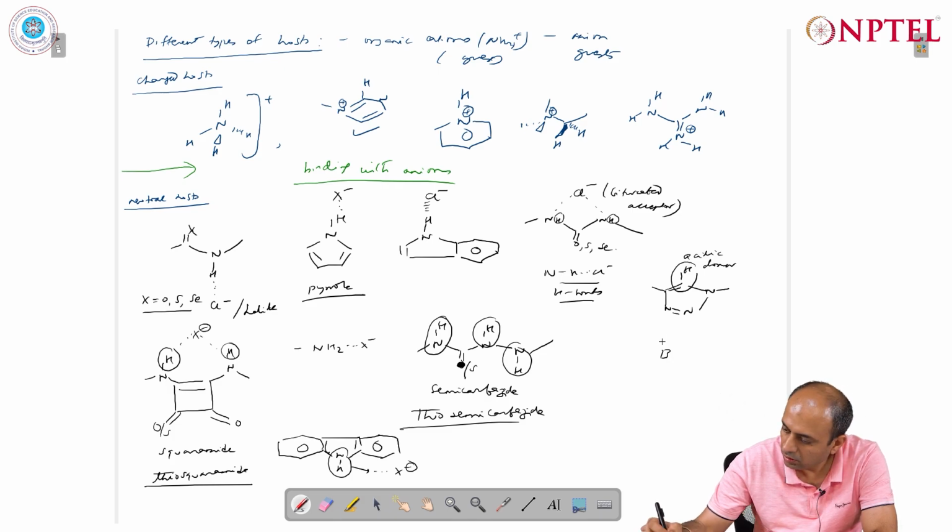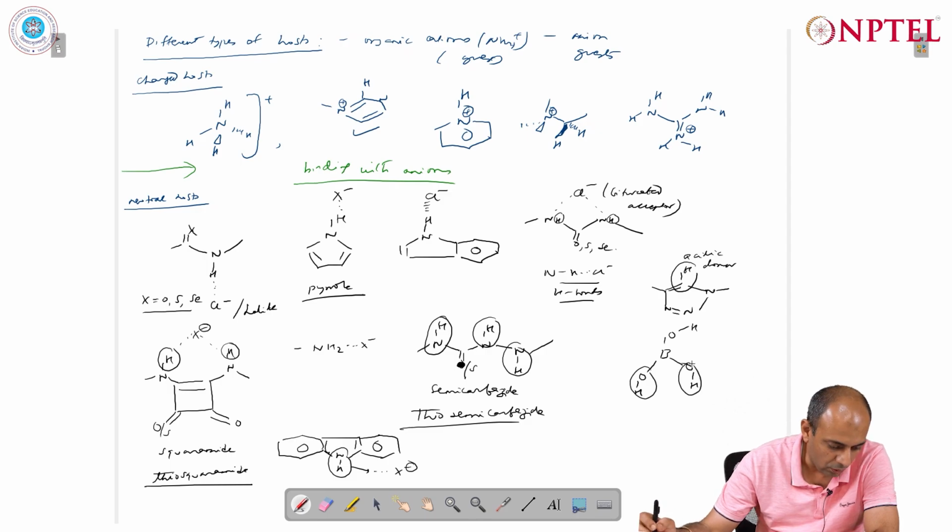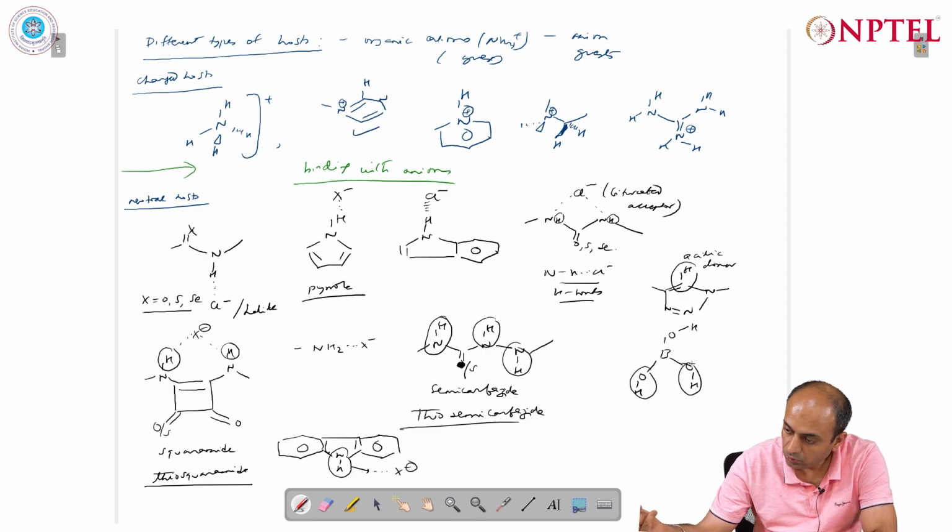We can also use boric acid, which has these donors, and we can use activated fluorinated systems.